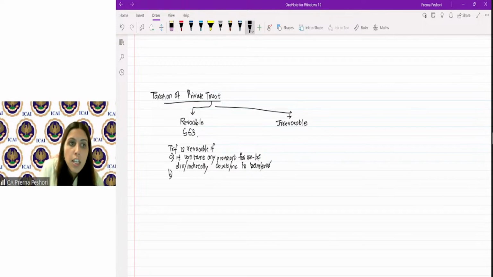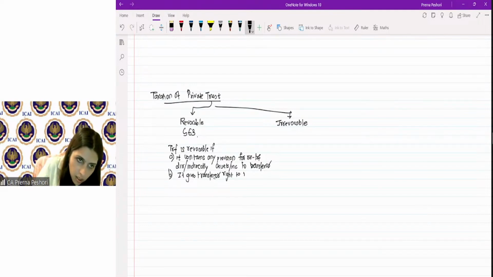Secondly, if it gives the transferor the right to reassume the power directly or indirectly over the income or assets.